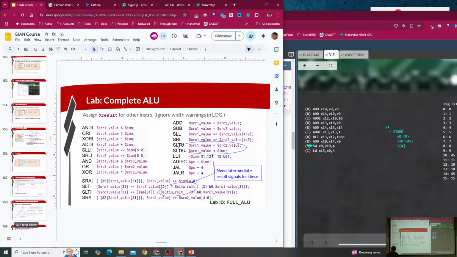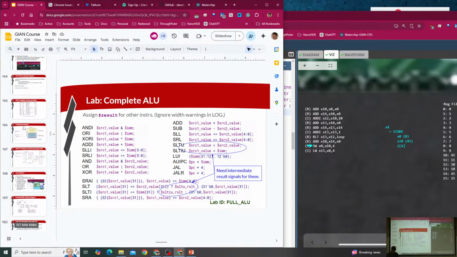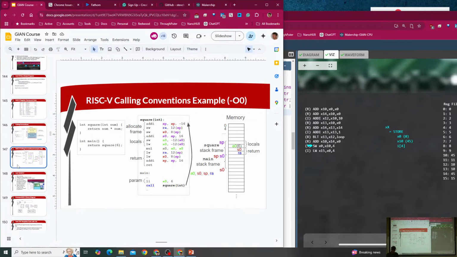So let's go back to this picture. All right, so when we do a function call, we need to store away this return address so the called function knows where to return. This return is a pseudo-op that implicitly uses the return address register as its target.